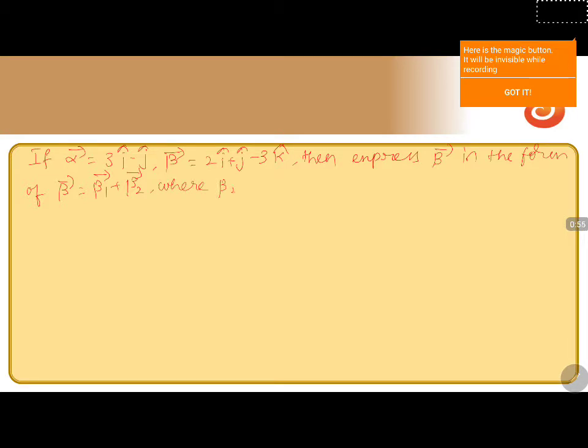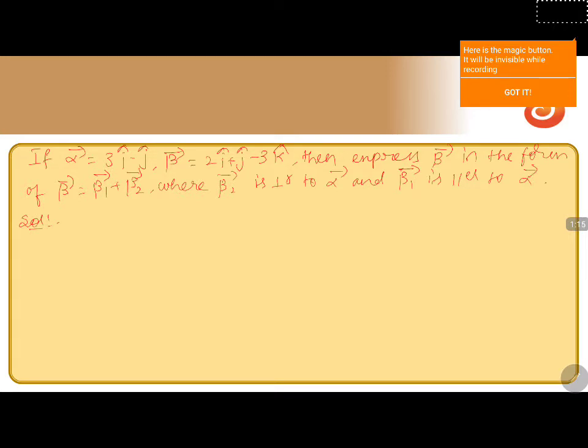Now the question is: if alpha vector is equal to 3i cap minus j cap, while beta is equal to 2i cap plus j cap minus 3k cap, then express beta vector in the form of beta vector equals beta 1 plus beta 2, where beta 2 is perpendicular to alpha vector and beta 1 vector is parallel to alpha vector. So this is the question.